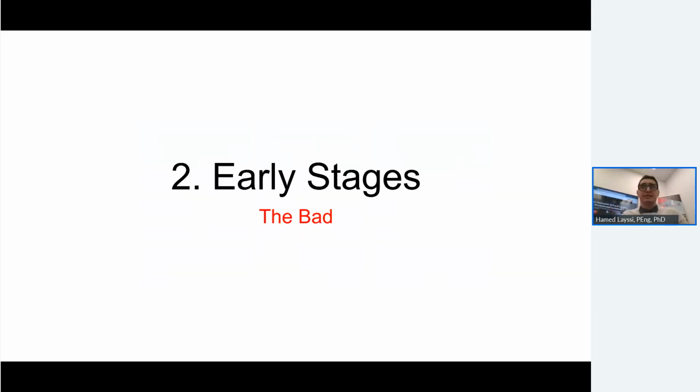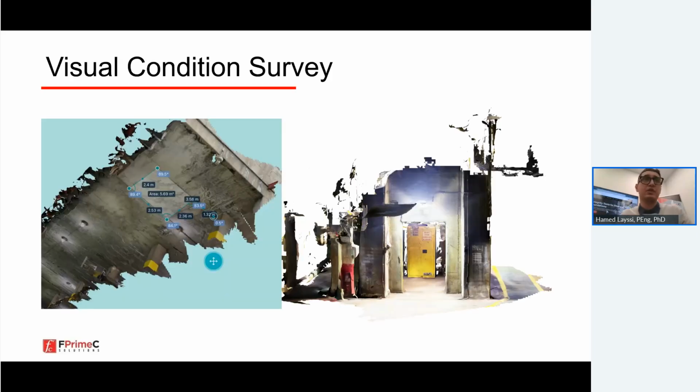Now, the second stage is the early stage of corrosion. This is not good. It's considered bad, but it is not the end of the world. We can still live with this, and we can find solutions around this. Now, when an asset owner comes to us for this stage of corrosion, the first thing is a visual condition survey.